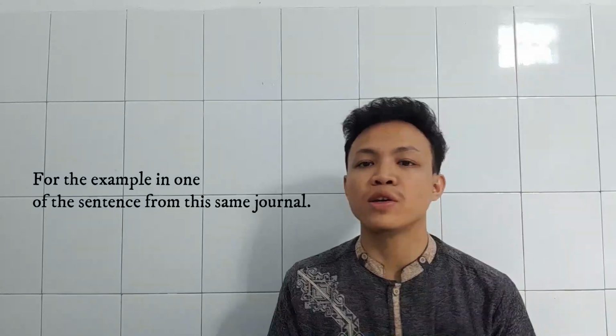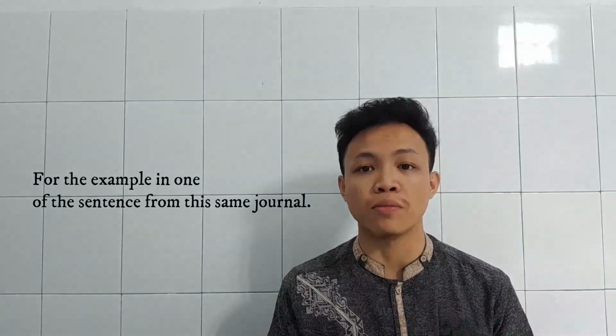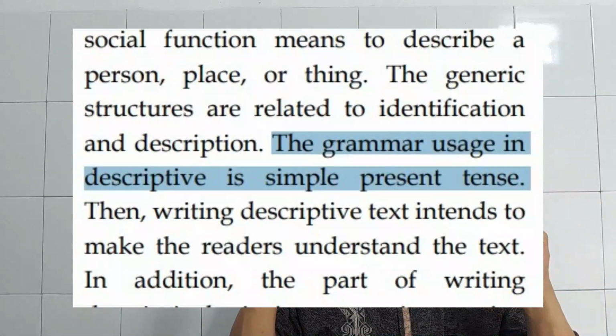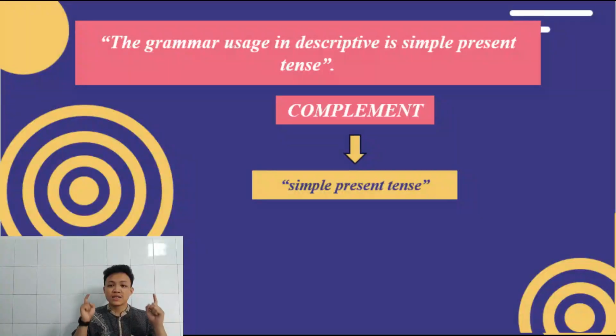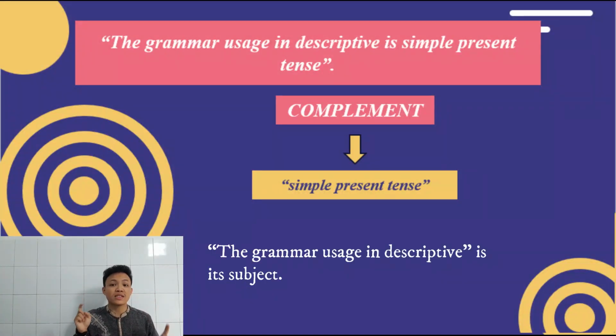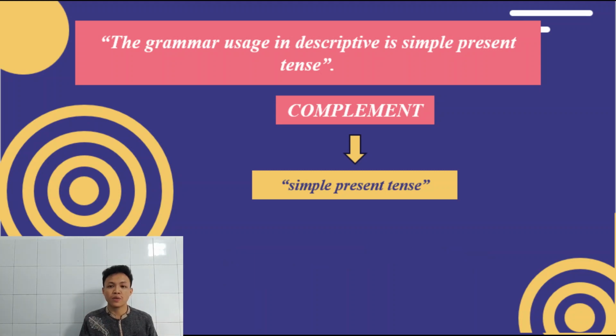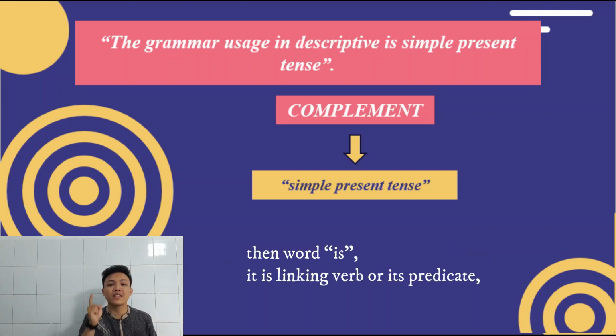For example, in one of the sentences from this same journal, it is mentioned, the grammar usage in descriptive is simple present tense. The grammar usage in descriptive is the subject. Then the word is, it is a linking verb or its predicate.